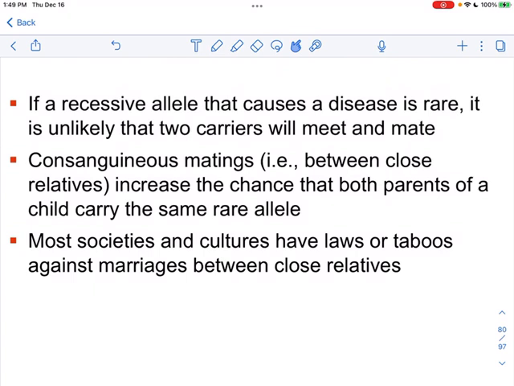Now, again, frowned upon in humans, but this is actually what we have done in a lot of our artificial selection over the years. So as we have bred different breeds of cats, different breeds of dog, different breeds of horse, different breeds of cattle, even down to our agricultural yields, corn, soybeans, we have done consanguineous matings in order to increase the chance of rare alleles coming out in the offspring.